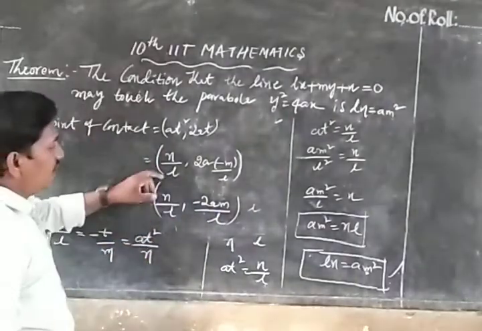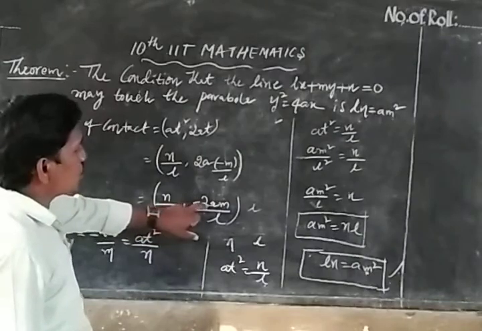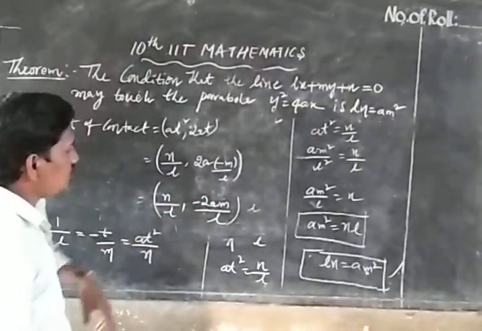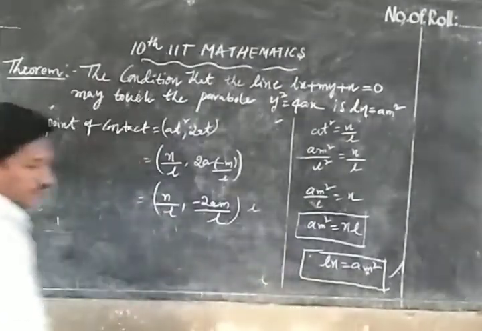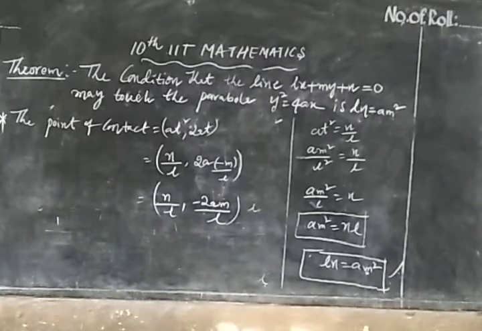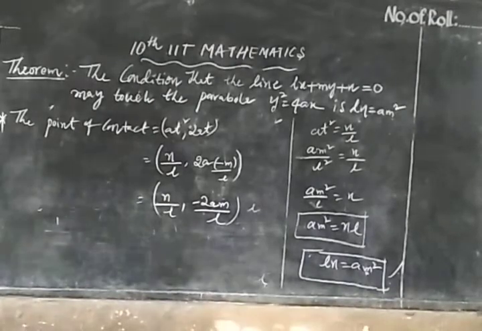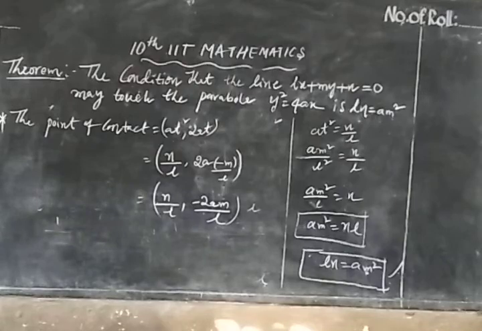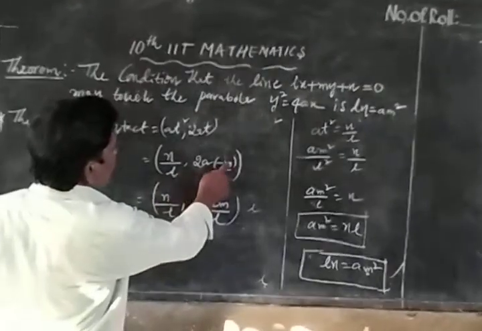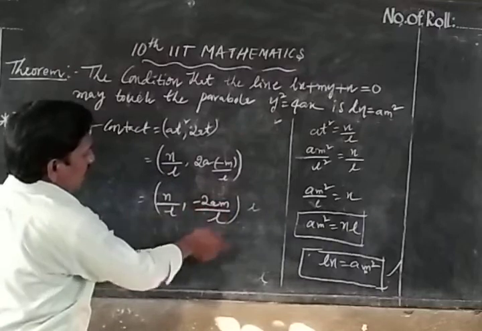So n by l comma minus 2am by l, that is the point of contact. This is the point of contact of the theorem: at square comma 2at equals n by l comma 2a into minus m by l, so minus 2am by l.